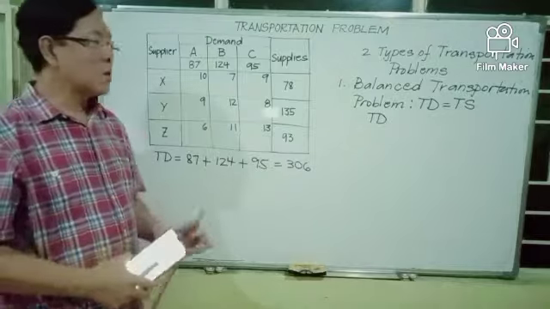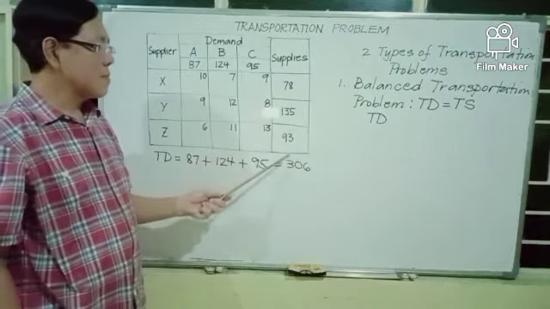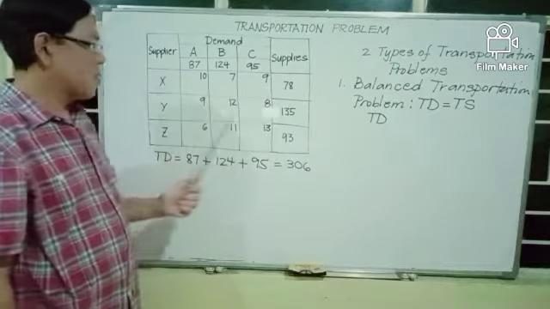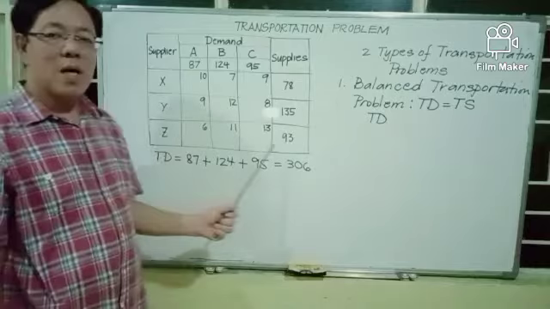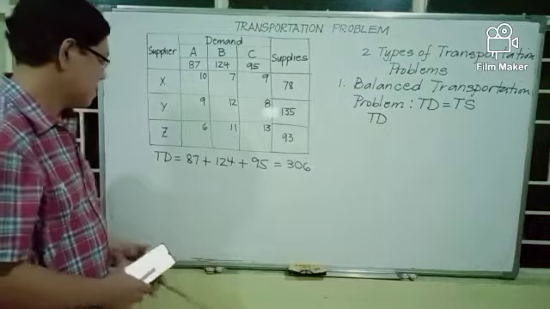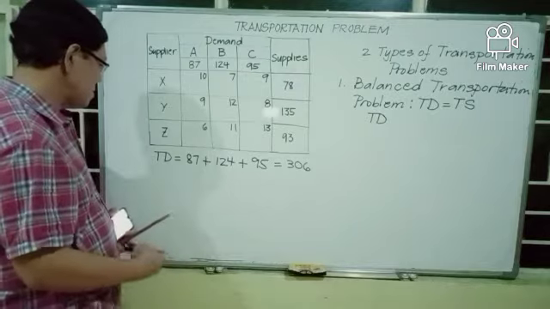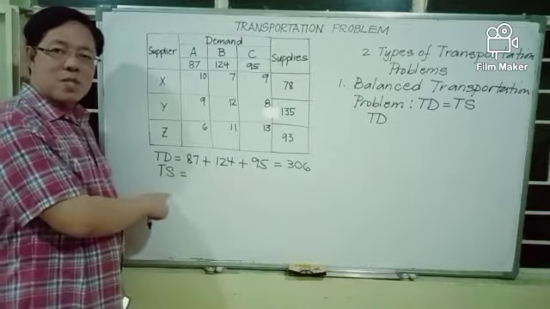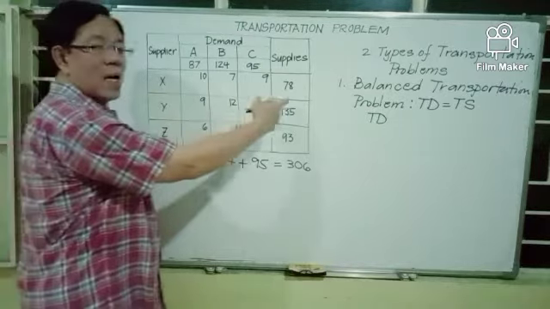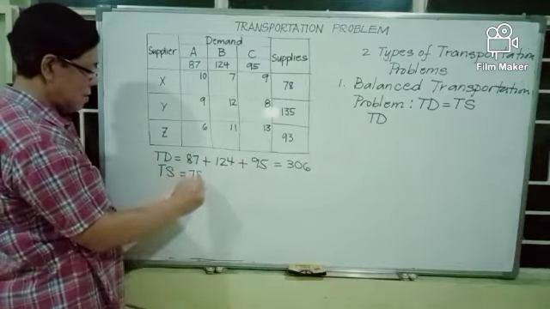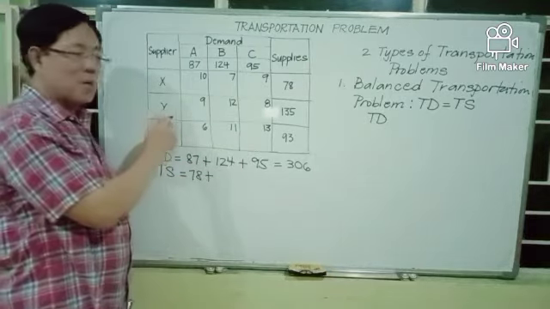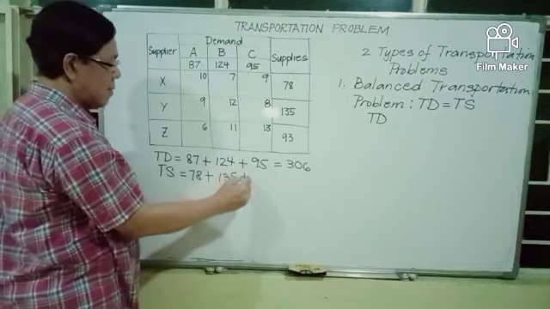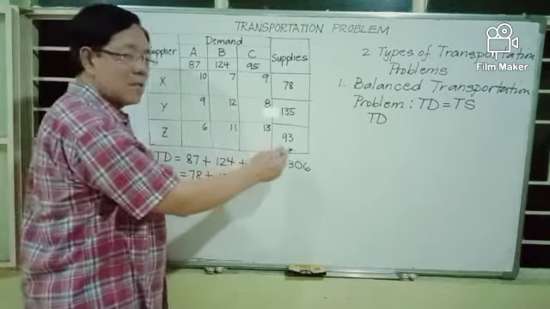Now we get the total of the supplies by adding the supply of X, the available supply of Y, and the available supply of Z. We have total supply equals available supply of X, 78, plus the available supply of Y, 135, plus the available supply of Z, 93.